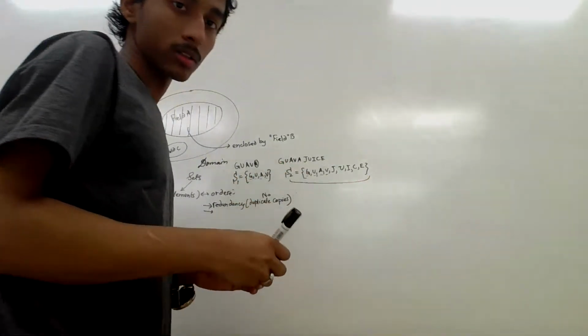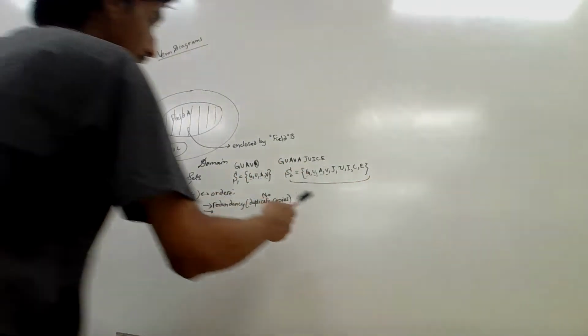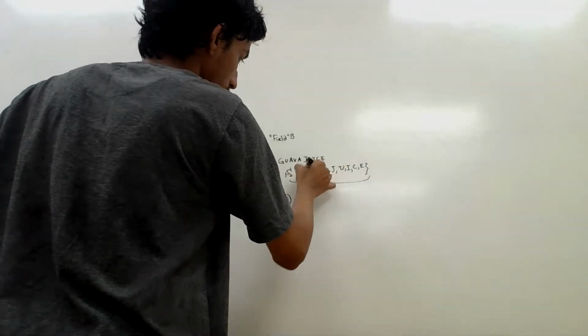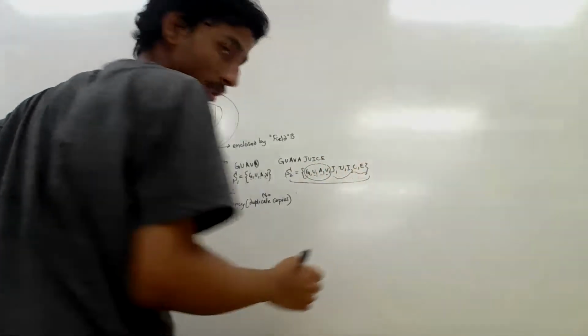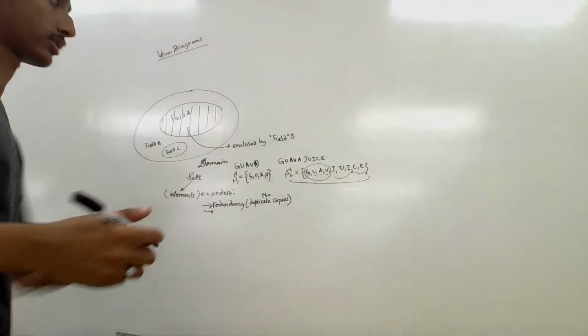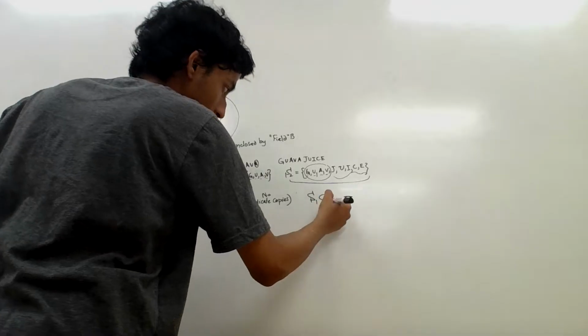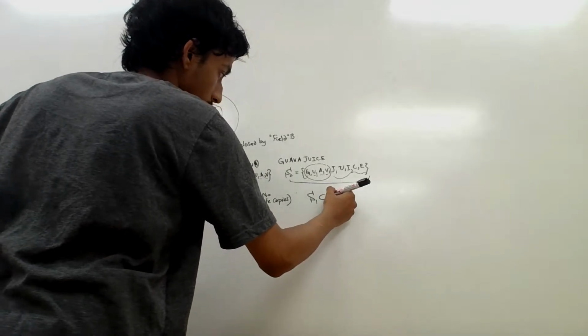Now, how do you mention the relationship between S1 and S2? You can see that all of these elements can be found in this, plus there are some more things in set 2. So what you can say is set 1 is a subset of set 2.